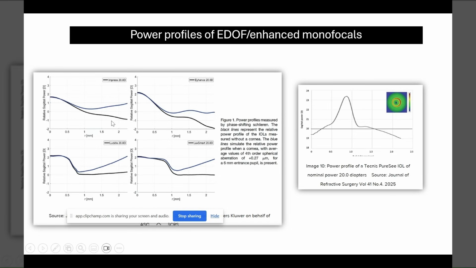So if your patient has a small pupil, they will have a myopic outcome. If the patient has less than 2 millimeters of pupil, which is very rare, you will see a myopic refraction on the autorefractometer, or even on Snellen charts. So the pupil diameter plays a role.